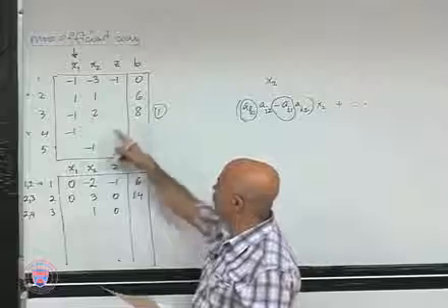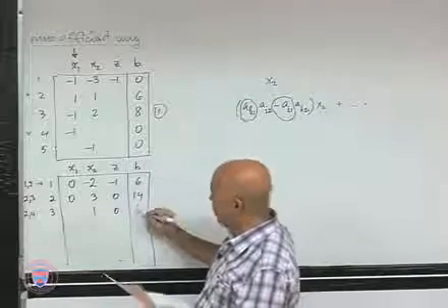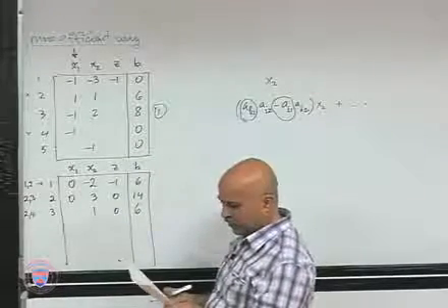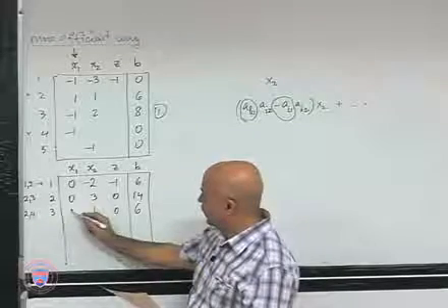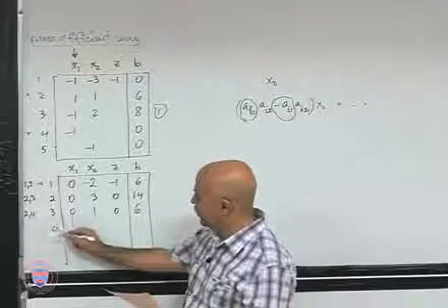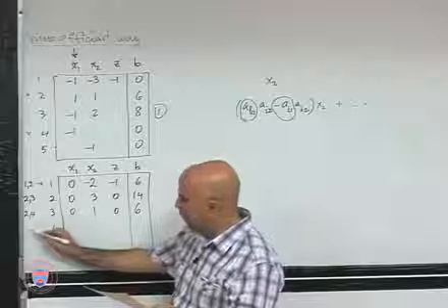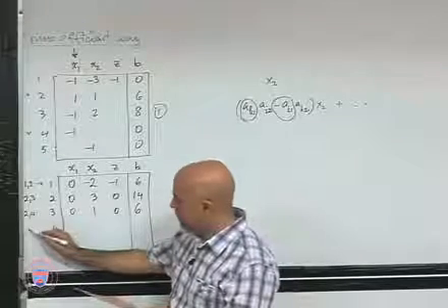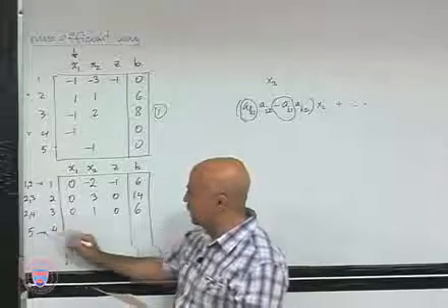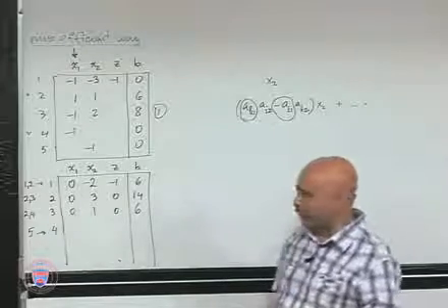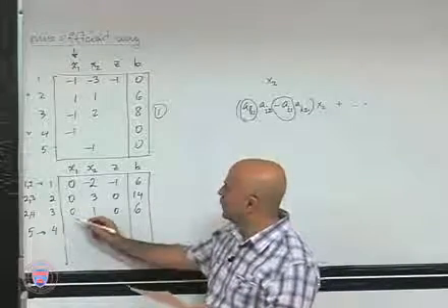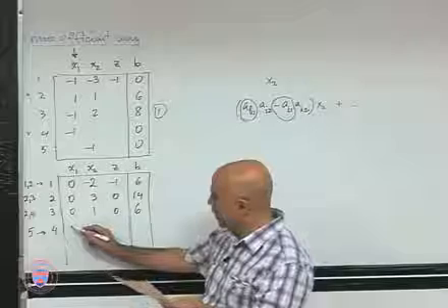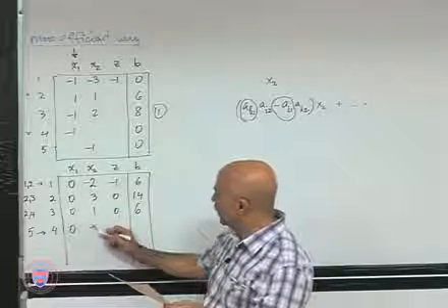And then 1 times 0, 1 times 6, that will be 6. That's what I've got. This is also 0. The last one is just the old 5. It becomes a new numbering, number 4 now. It's the same as the old one.